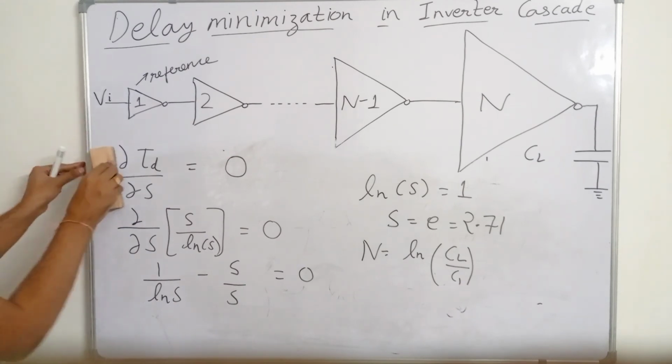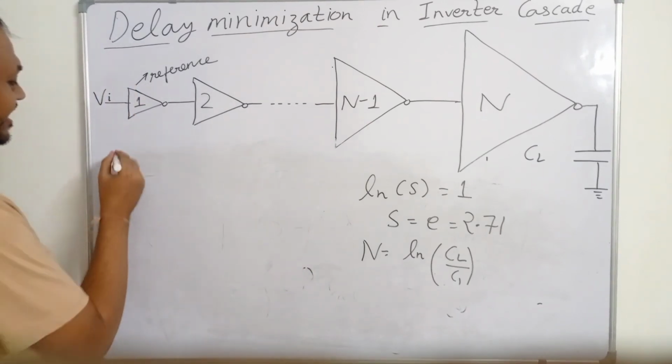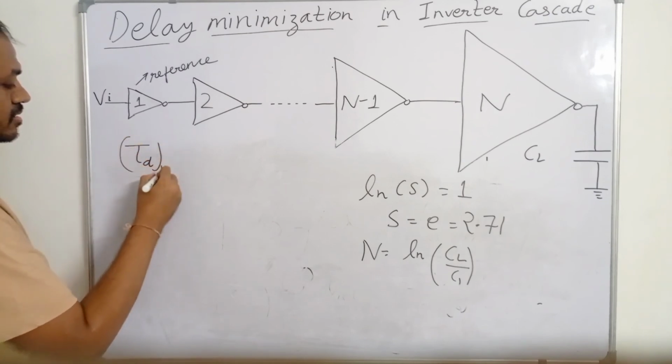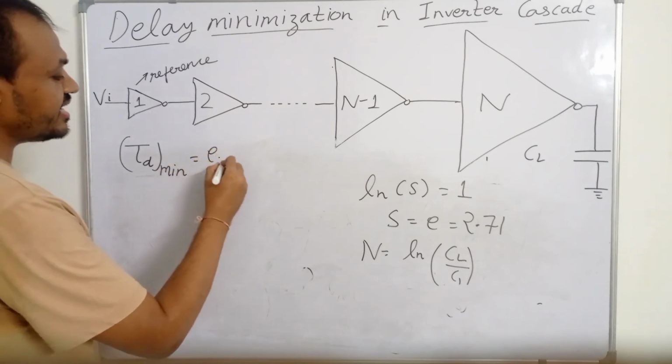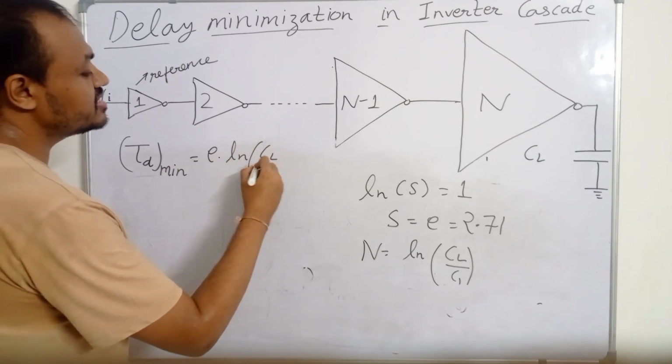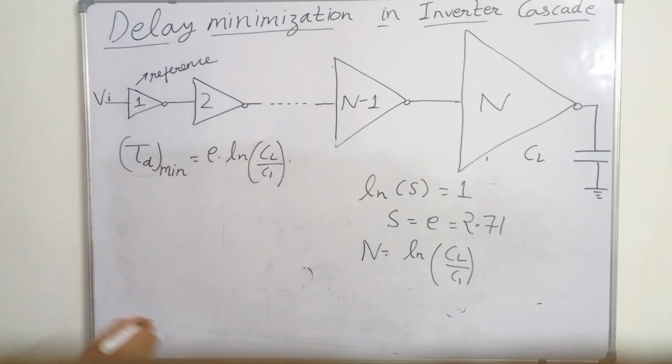This will give the minimum time delay. If you substitute the values, it will be equal to e into natural logarithm of CL upon C1 into tau 1. So this gives the minimum value of the time delay.